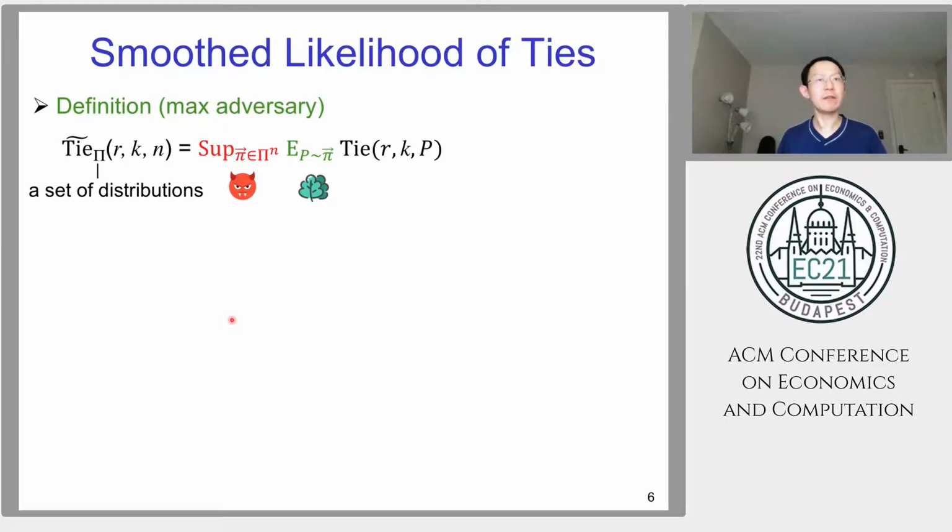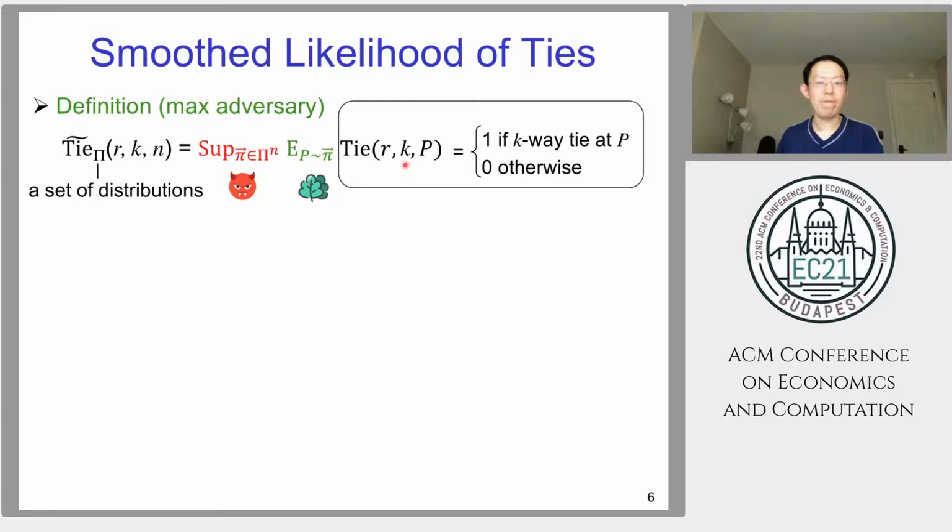There's an adversary who tries to maximize the likelihood of ties, not by choosing a vote for every voter, because otherwise the likelihood of ties would be 1, but by choosing a distribution for every voter from a set of distributions called capital Pi. We use a vector pi to denote the distributions chosen by the adversary. Then nature adds noise to generate everyone's realized vote, on which we evaluate the likelihood of k-way ties.